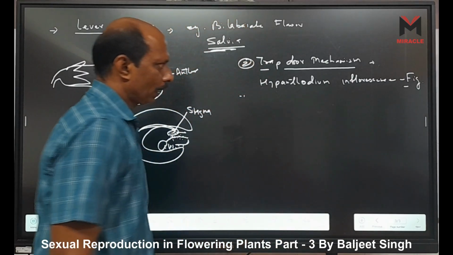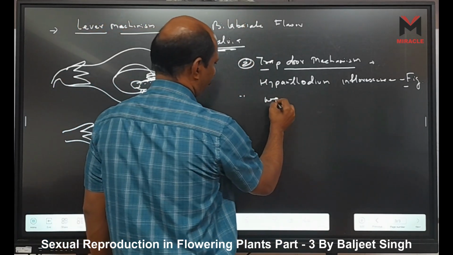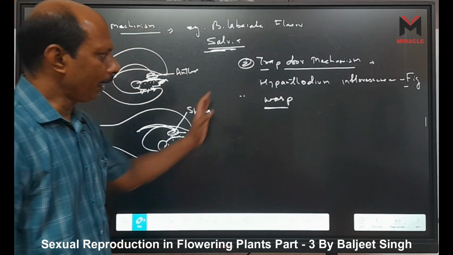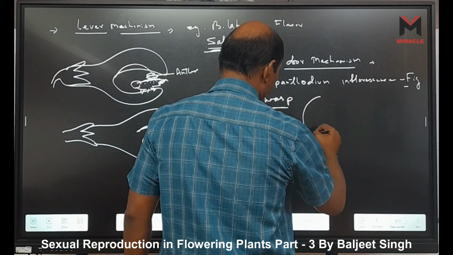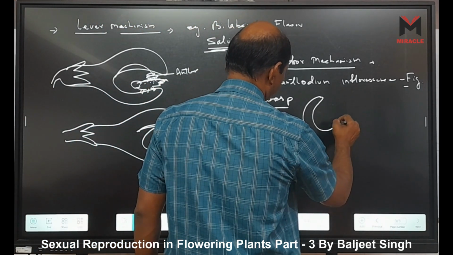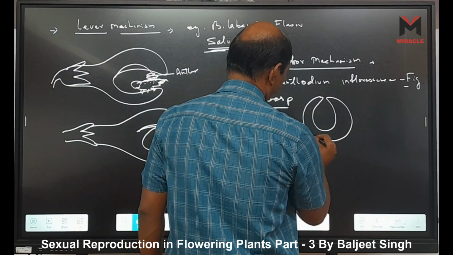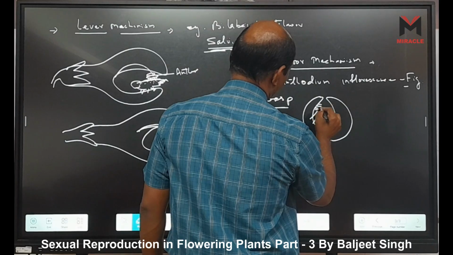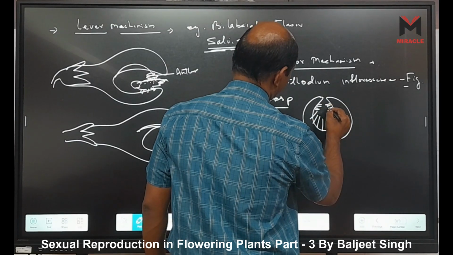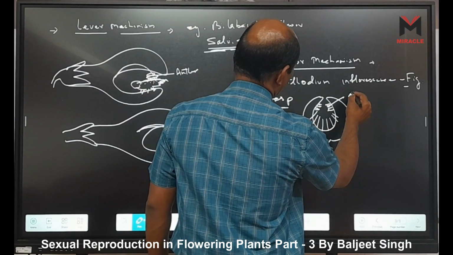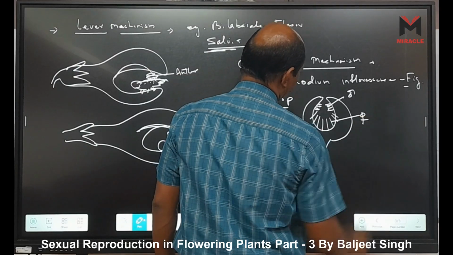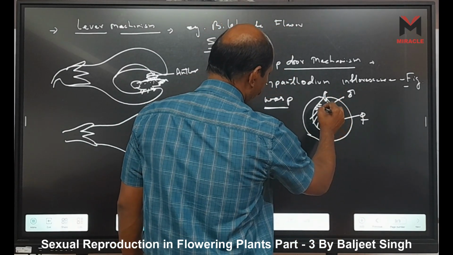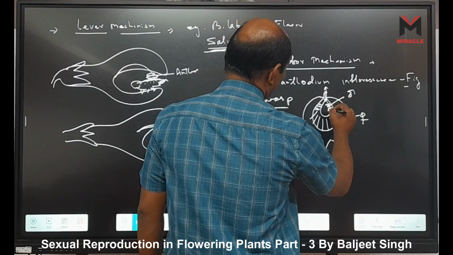Here only a wasp is responsible for pollination. It can enter. That means this type of inflorescence is there. These are female flowers and these are male flowers. When the insect enters this one, it has to move and then go away, right?